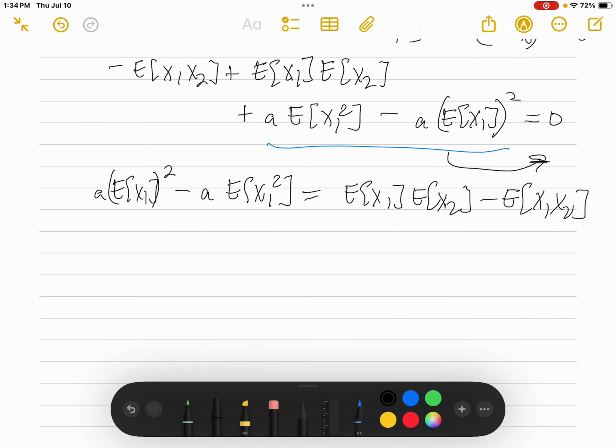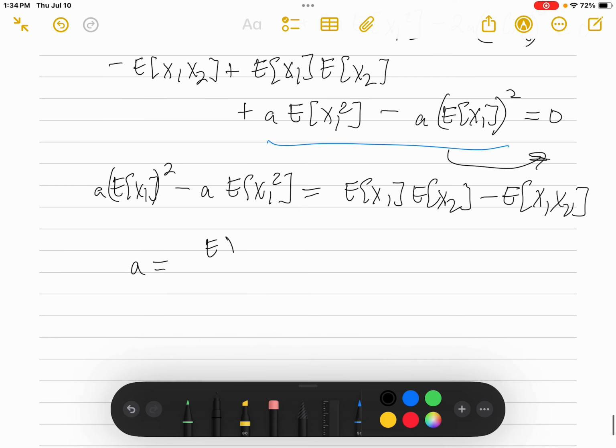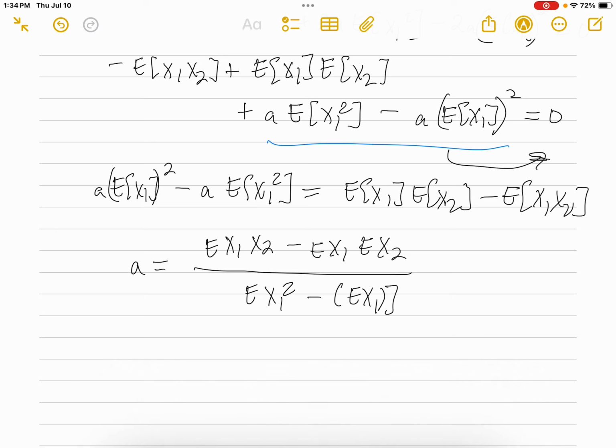And now you factor out the a and divide, and so we get that a is going to be the expectation of x1, x2 minus the expectation of x1 times the expectation of x2 over the expectation of x1 squared minus the expectation of x1 quantity squared.